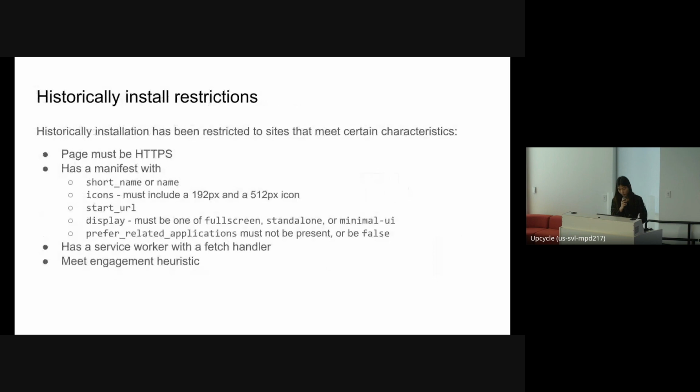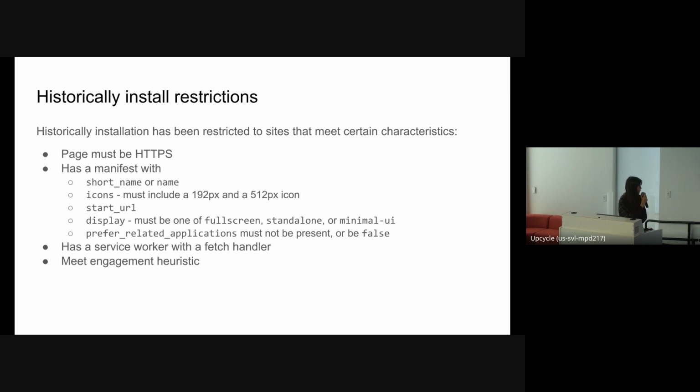Historically, we have a list of install criteria that a website needs to meet to be installable. First of all, it needs to be secure, so it has to be HTTPS, and it needs a web app manifest with a name, icon, and start URL, because we need to know what to install, right?